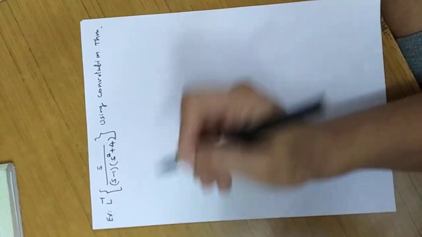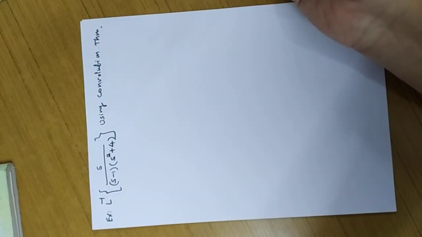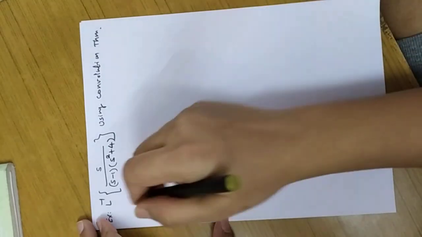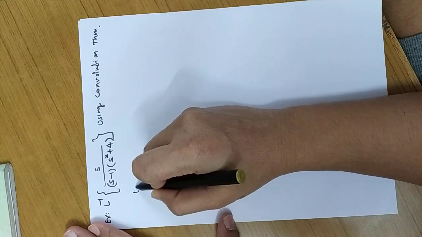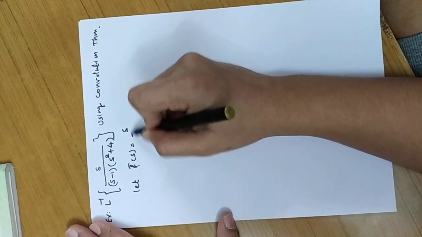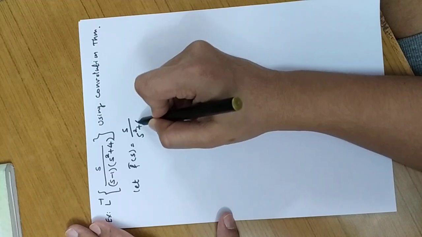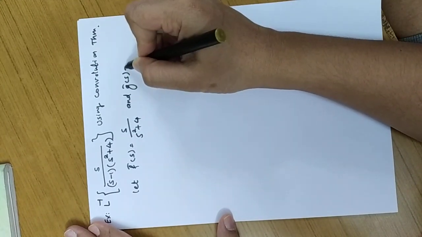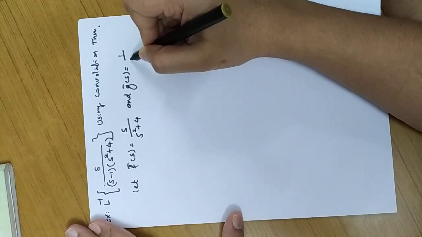Think about it. Now we have to separate into two functions. So let's consider f bar s is equal to s by s square plus 4 and g bar s is equal to 1 by s minus 1.